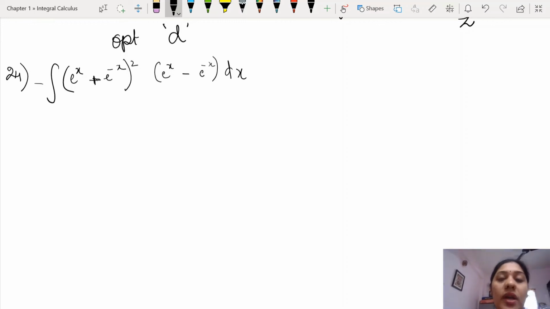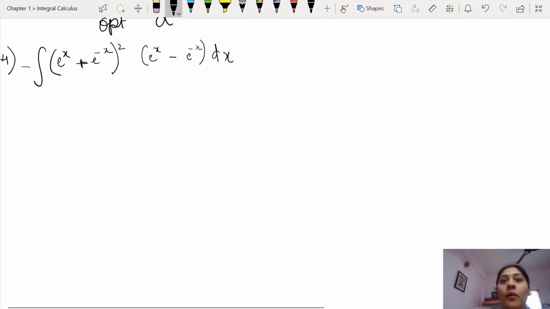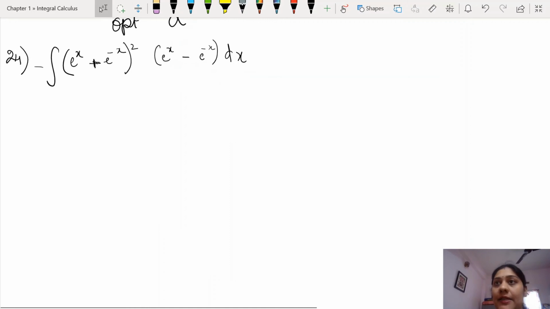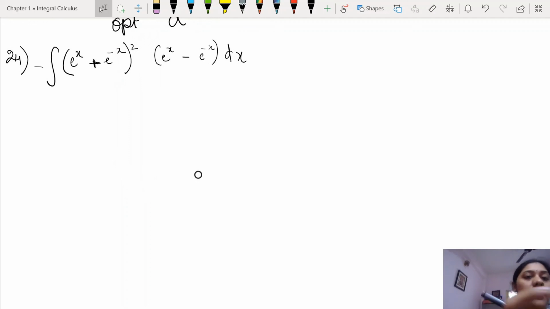So which is your f of x and which is your f dash of x? Another clue that I gave in the first question 9 and the second one 11 is that the one with the power, you normally take it as z. The same thing will be applicable here also. One minute, there is no minus outside. I think this has come by mistake.